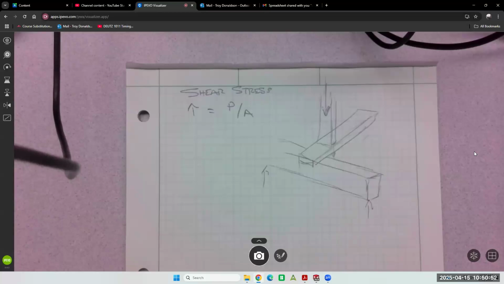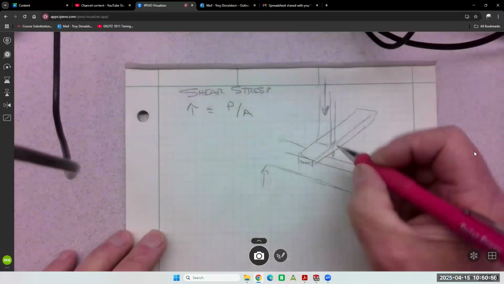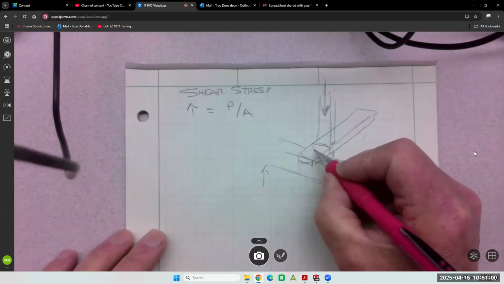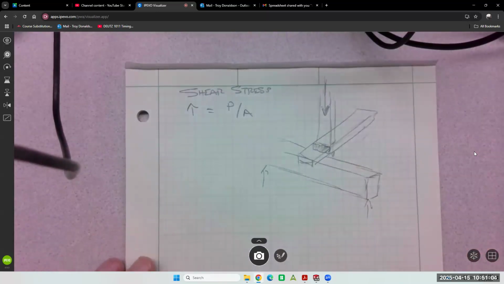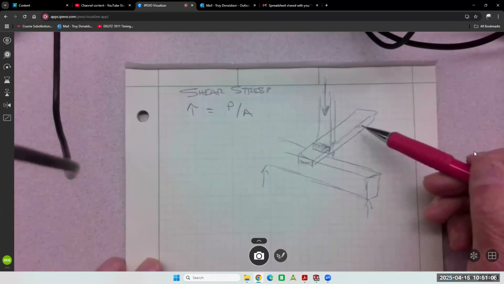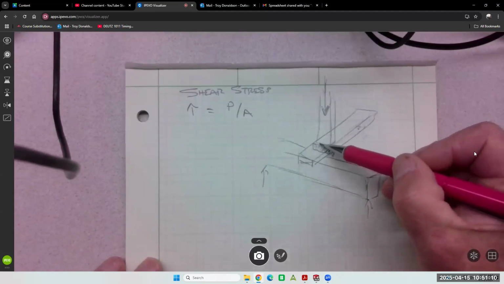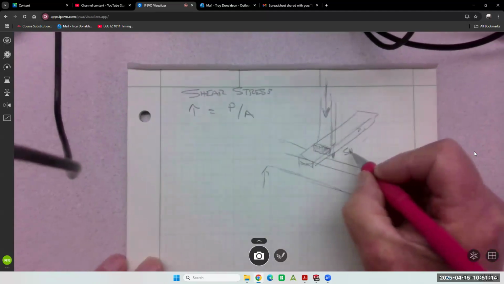That's shear stress. If the load is coming down and the failure is here, I'm going to darken that cross section of this flat 2x4 or 2x6. This area fails because it shears off.